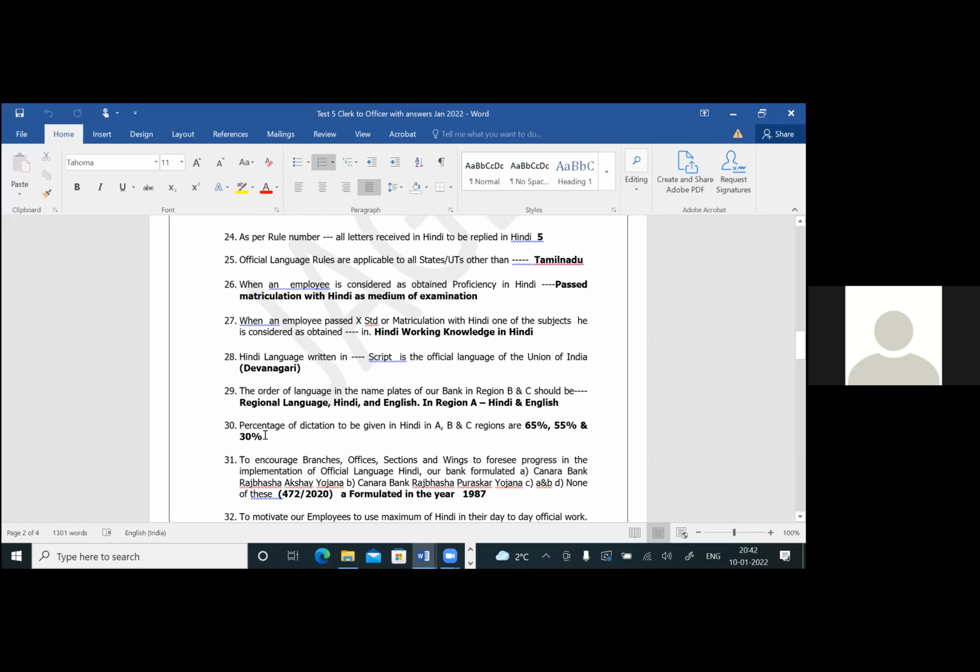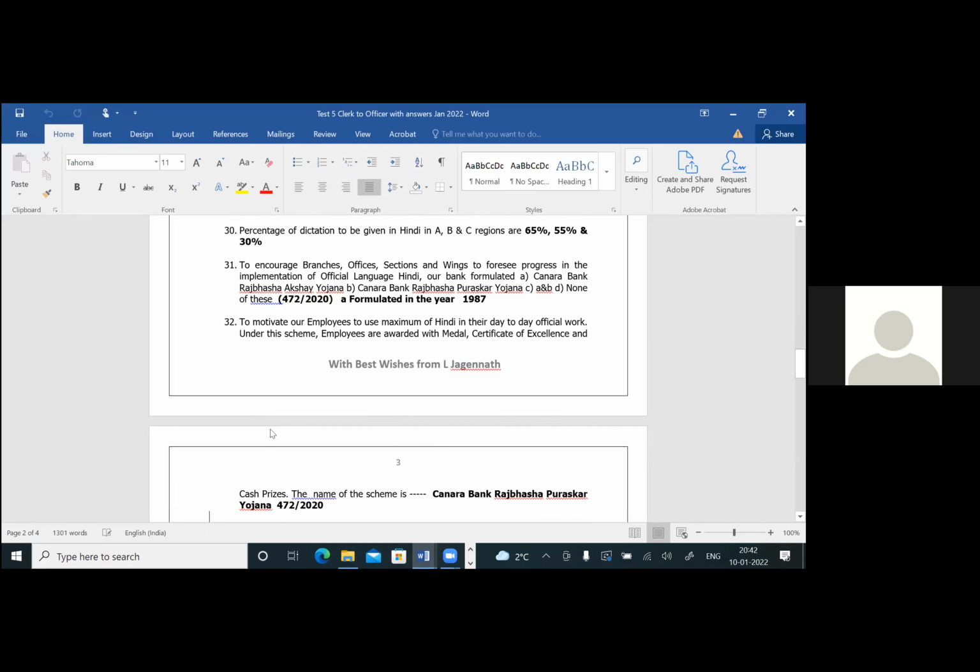So what we saw: percentage of noting, percentage of training in Hindi medium, then percentage of letters written from one region to another region. Then we are seeing percentage of dictation to be given in A, B, C regions. So 65, 55, and 30%.